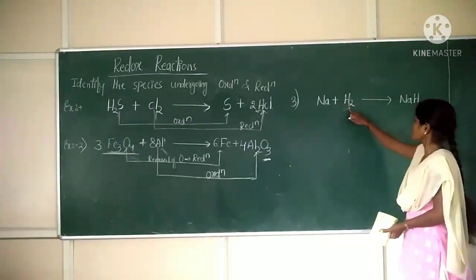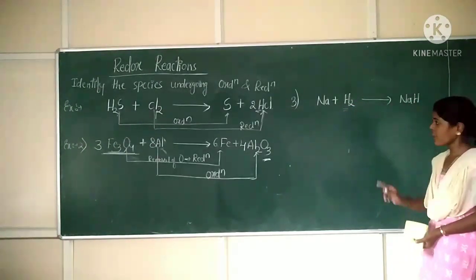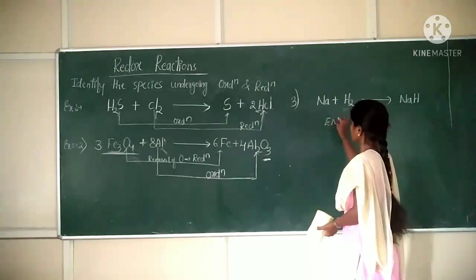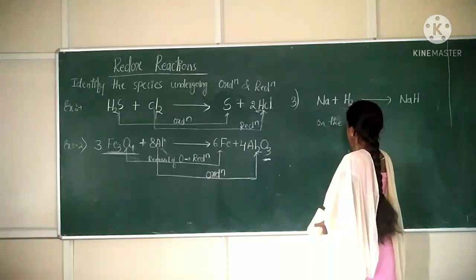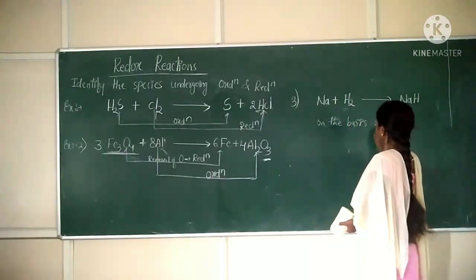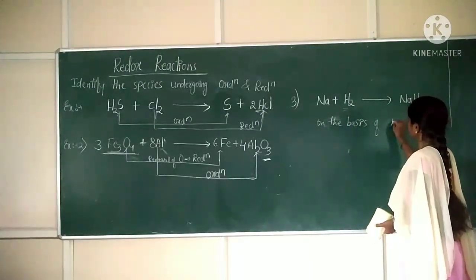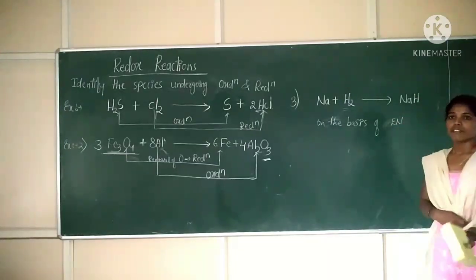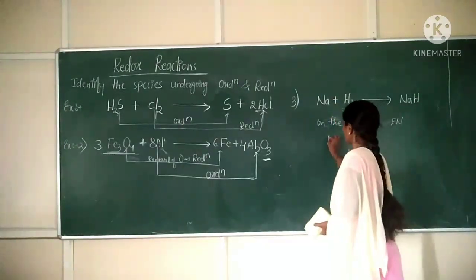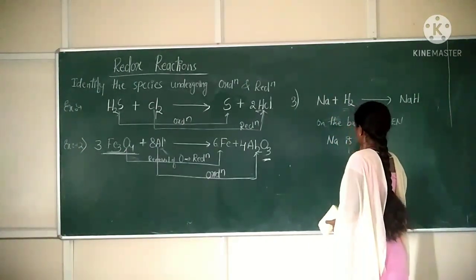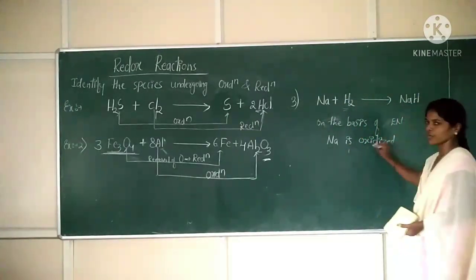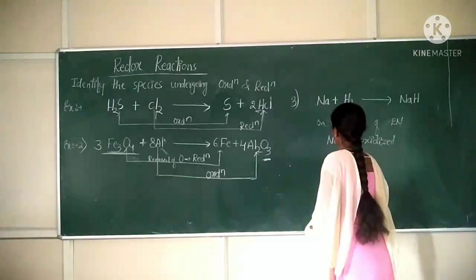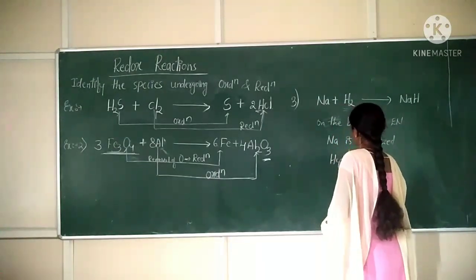Sodium reacts with hydrogen and forms sodium hydride. On the basis of electronegativity, we can say that sodium is oxidized and hydrogen is reduced.